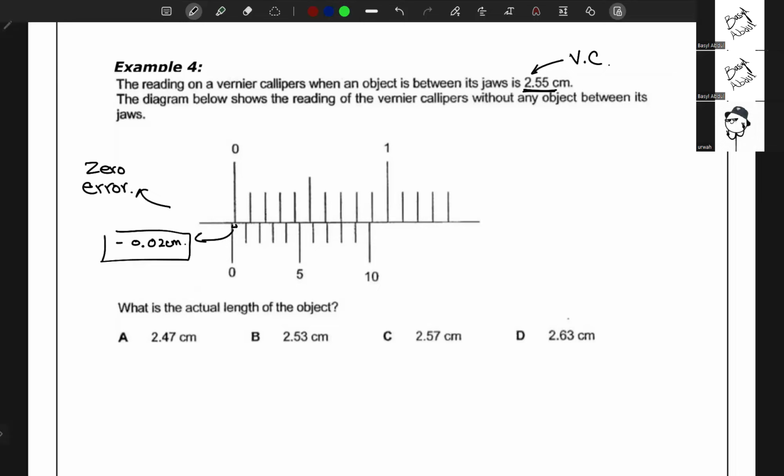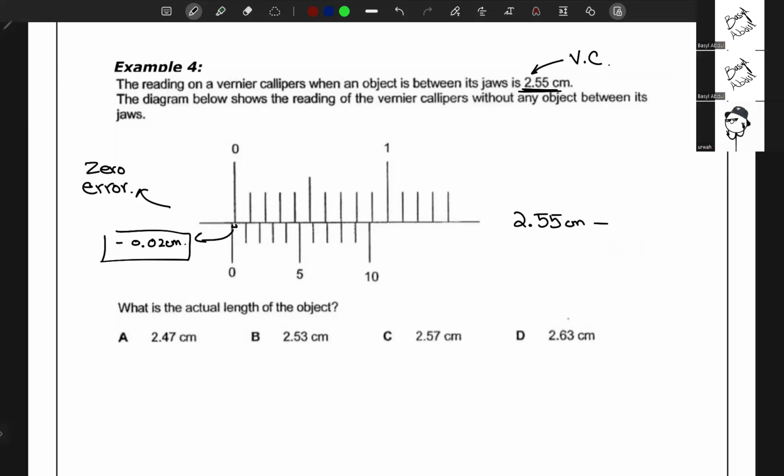If I eliminate the zero error from the reading that my Vernier caliper took, then I can find out the actual length of the object. So that would be, we're given 2.55 centimeters, and I have to eliminate from this the zero error, which means minus. So eliminate means just get rid of it.